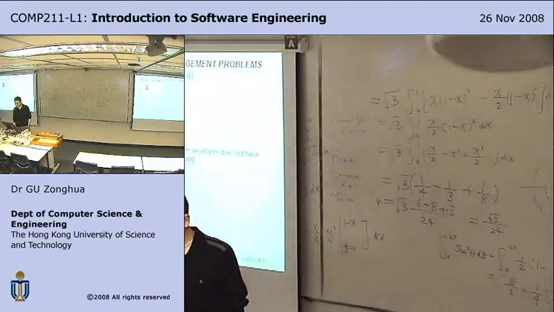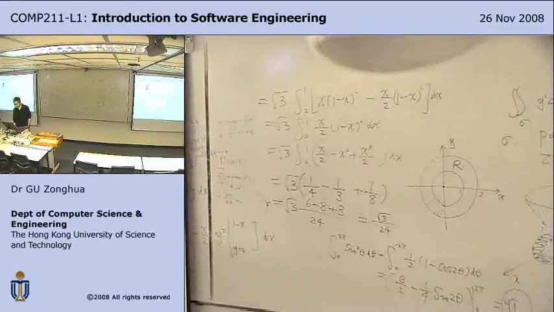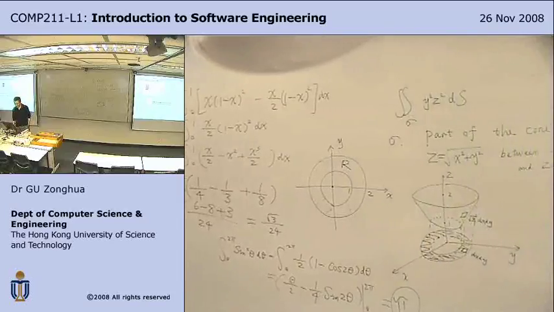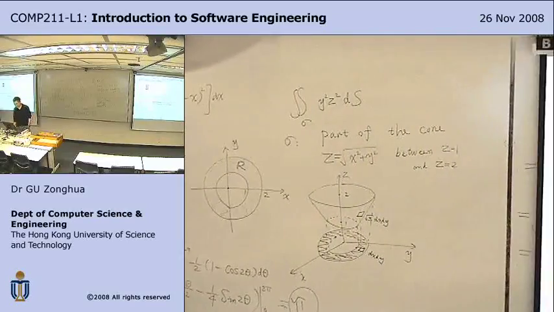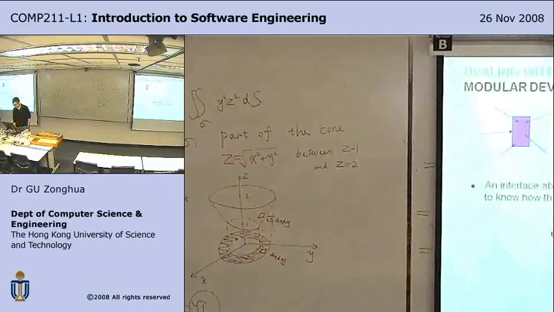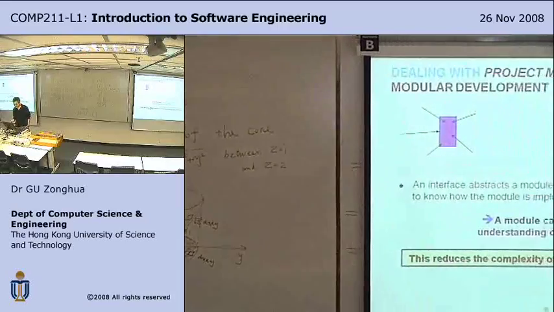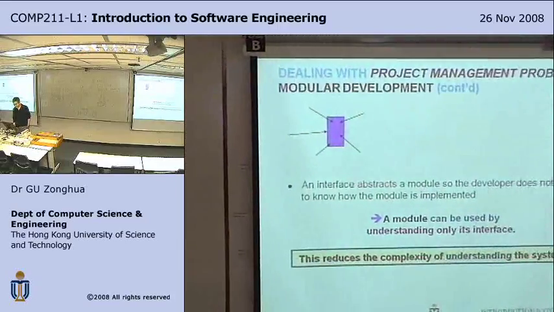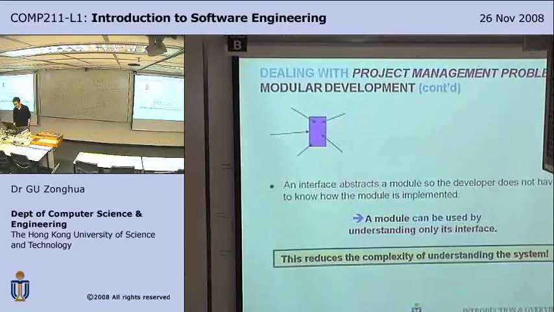So an interface abstracts a module, so the developer does not have to know how the module is implemented, so that you can reduce the complexity of understanding the system.